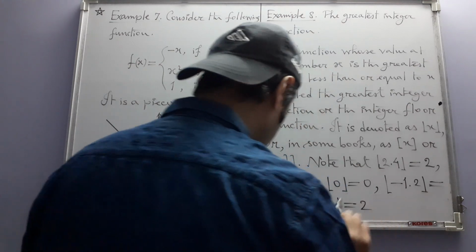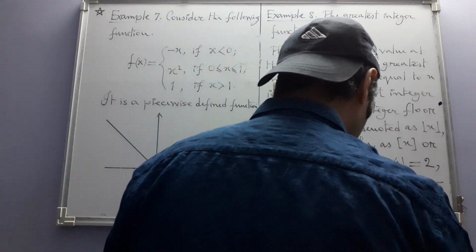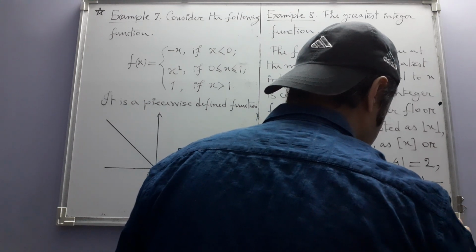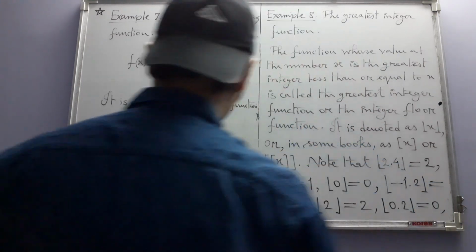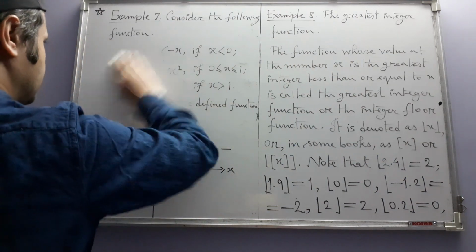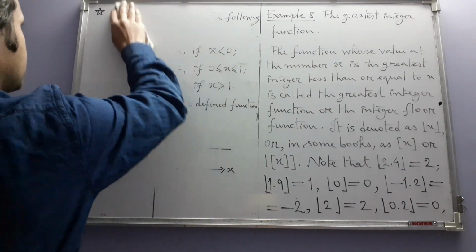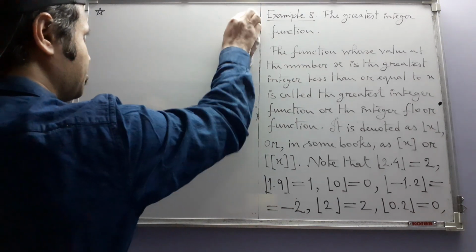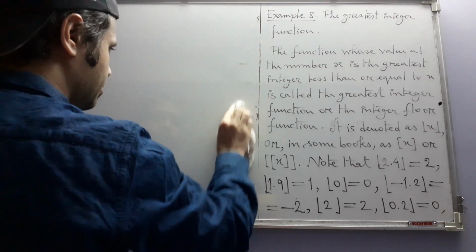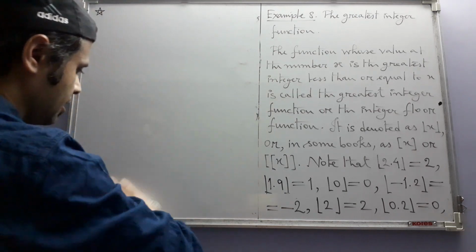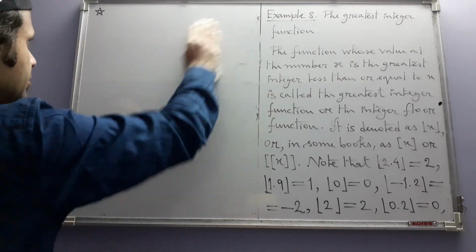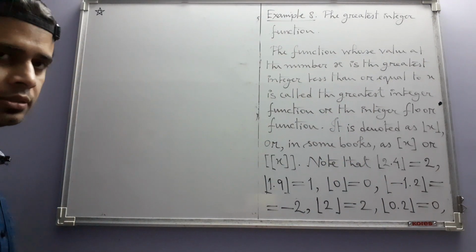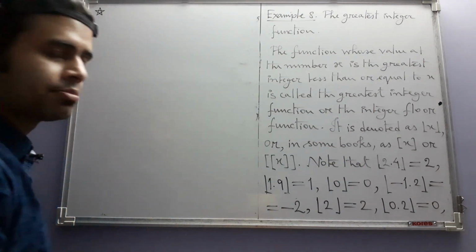This of course is 2, and then 0.2, this is 0. Sometimes such rules help us in writing exams, but in general I am always against memorizing things as far as possible.